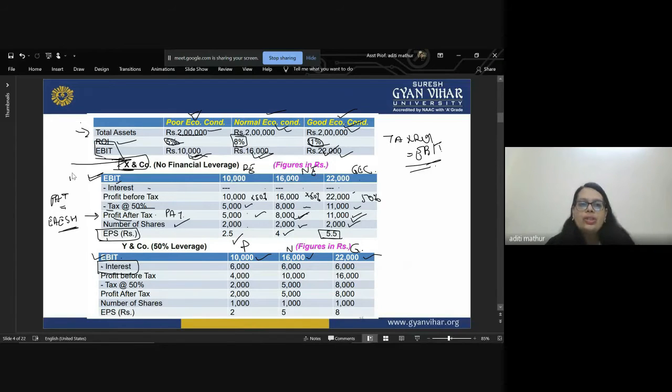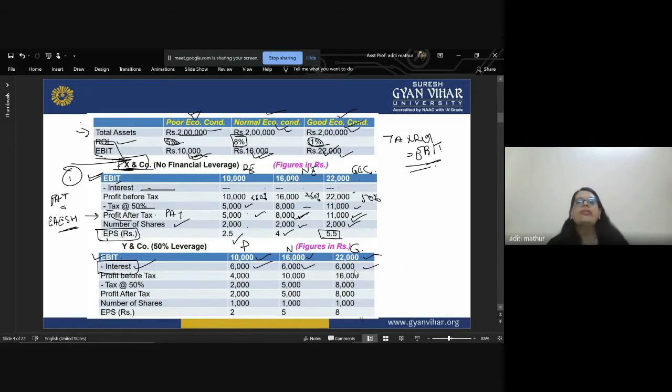In the first situation, that is for the X company, we didn't have any leverage, so that's why we didn't take our interest figure into consideration. But now in Y and company, we have interest, so we will be calculating. So we have already calculated, that is 6,000, and it will not change, right? So it will be 6,000 in each of the three economic conditions, because the interest element is a fixed cost.